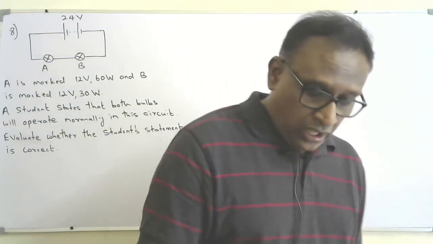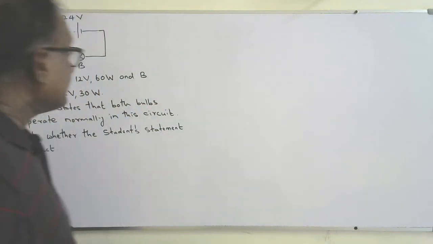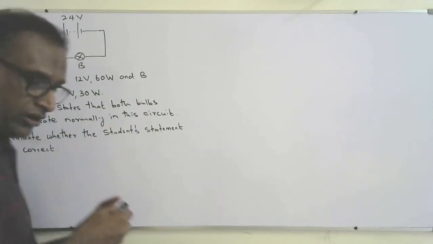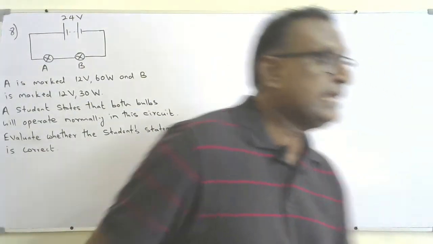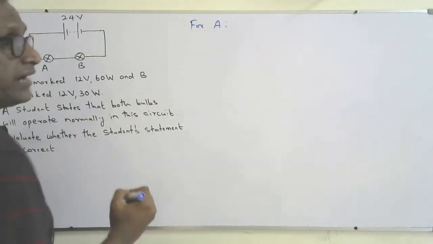Okay, so what will happen in this circuit? Now they are connected in series, so we will see what will be the resistance of bulb A. For A, I can use P equals V squared over R to find the resistance.